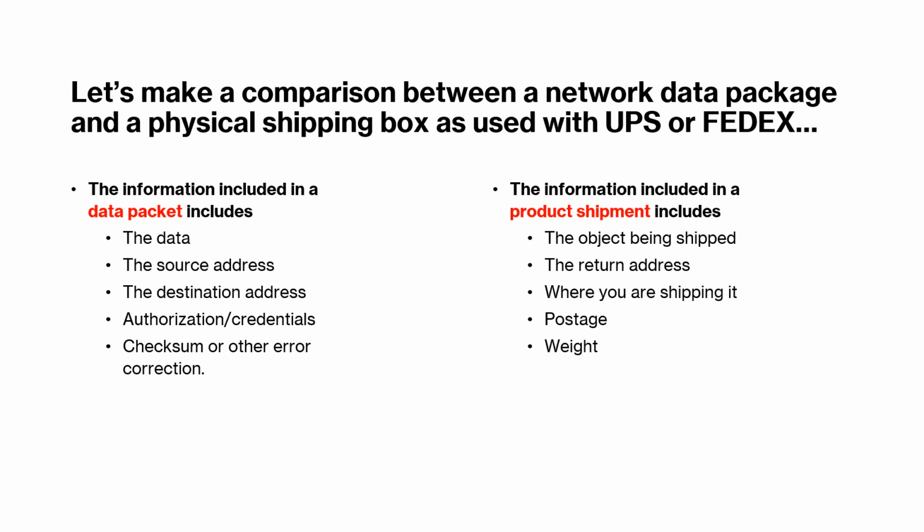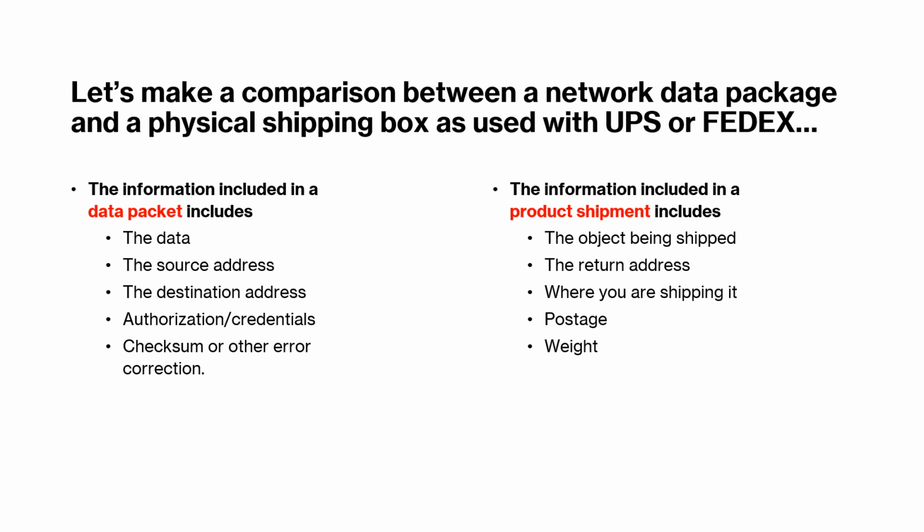It's going to include the address of the node that it's going to be sent to. There's going to be some type of authorization or credentials in the form of possibly a password that's included that says, hey, it's okay to send this message. And then finally, we will include some type of checksum or other type of error correction to make sure that the data received is the same as the data that was shipped.